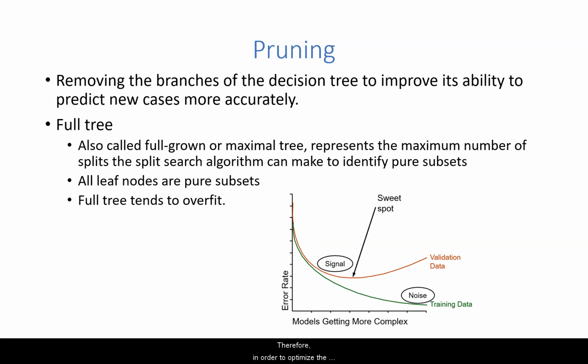Therefore, in order to optimize the complexity of the classification tree, following the growing phase, we prune the full tree by removing splits starting from the bottom of the tree. This point can be illustrated with the example in the next couple of slides.